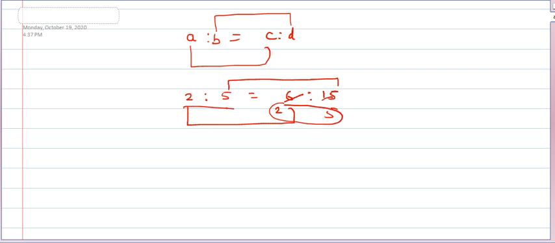Here left hand side we have 2:5, on the right hand side we have 2:5. So in this way we can compare the ratio. Now the ratios are equal, so we can say that 2:5 is equal to 6:15, or you can say 2/5 is equal to 6/15.